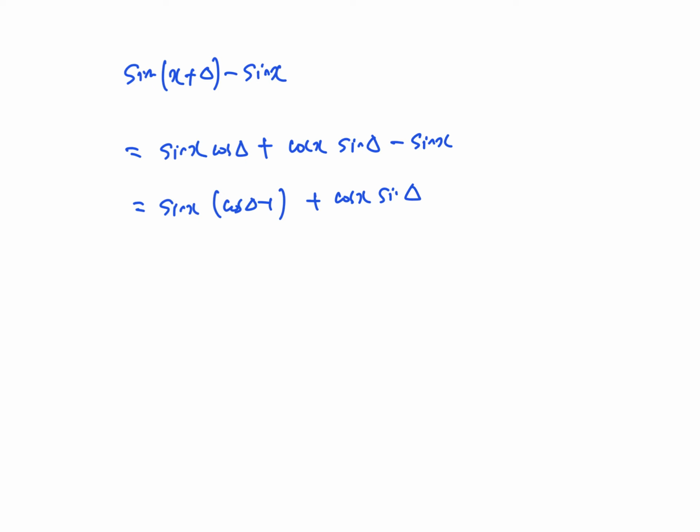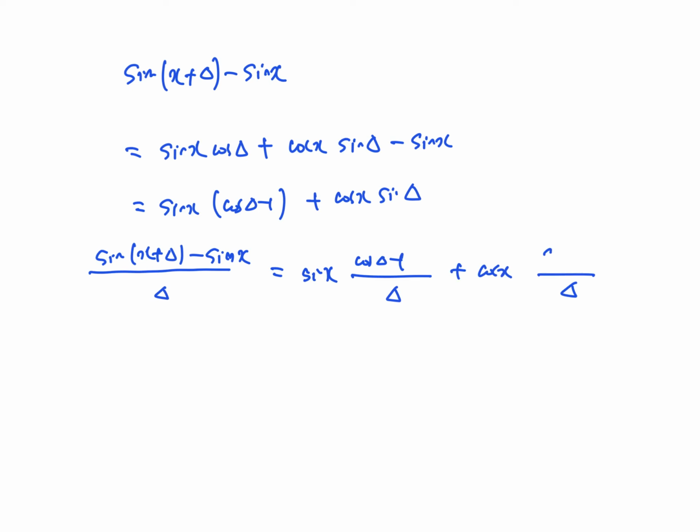If we divide everything by delta, what do you get? (sin(x+delta) minus sin x) over delta is sin x times (cos delta minus 1) over delta, plus cos x times sin delta over delta.